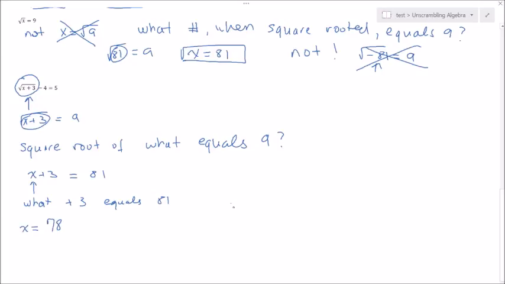Now we can check this by substituting this back in. Okay, this is rad 81. Rad 81 is 9. And that checks out.